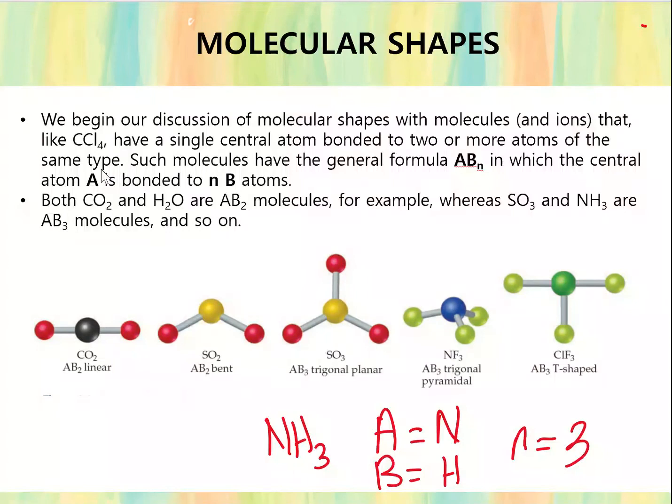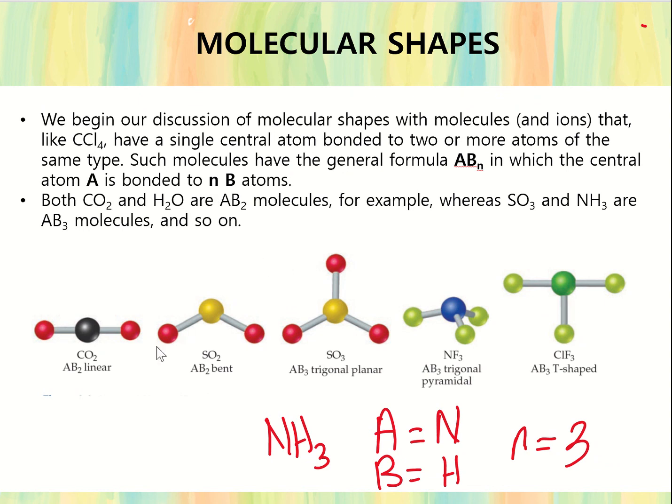And that central atom is bonded to two or more atoms of the same type. So that is how we're limiting our conversation to one central atom with two or more atoms bonded to it. So such molecules have the general formula ABn, in which the central atom A is bonded to n B atoms, right?